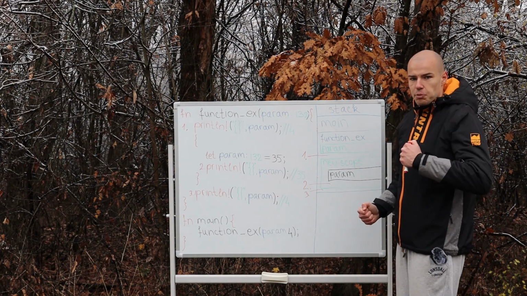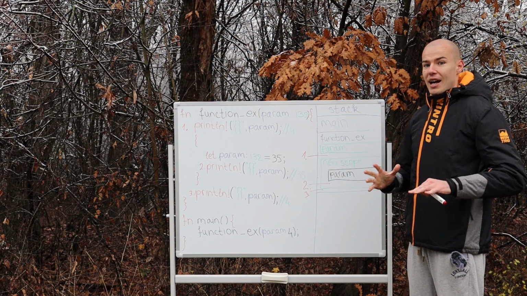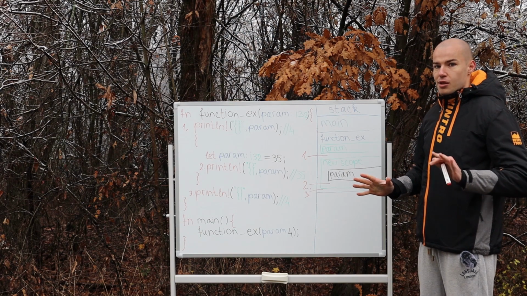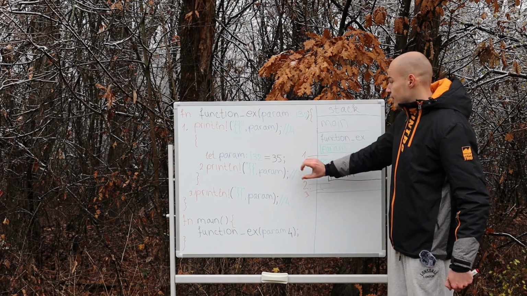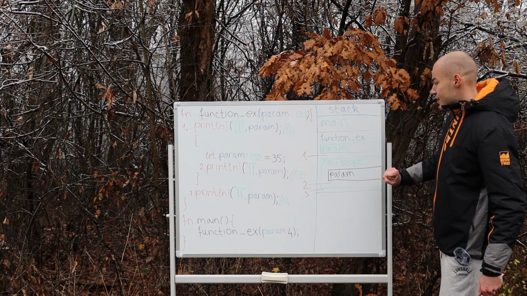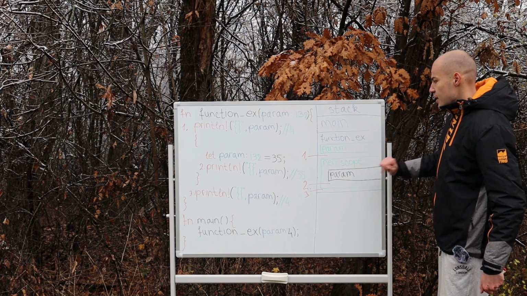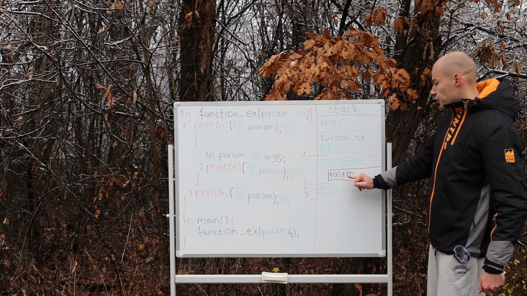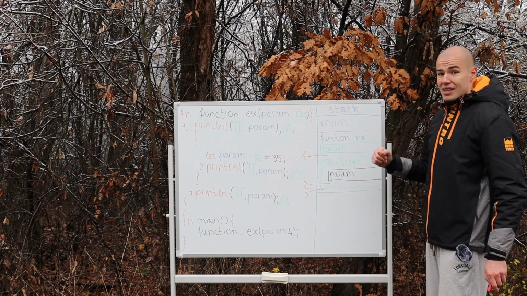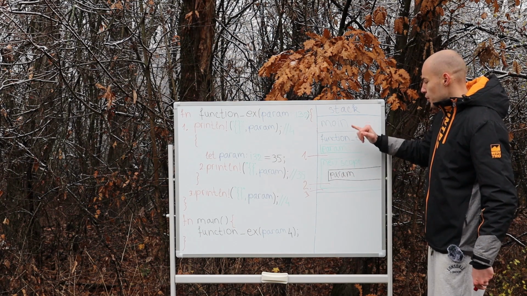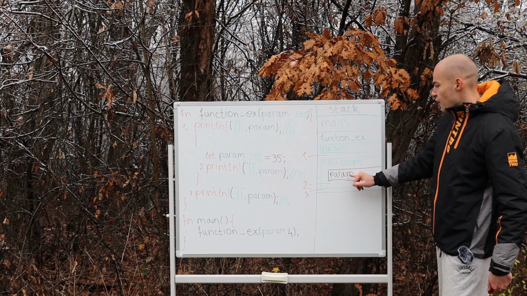Okay, let's go to the second println. The second one is a bit more complicated, but still not too complicated to explain. So what is happening? We have completed this part right here, and we have allocated the memory for the new scope, and inside of it we have created another param variable and allocated some space for it. But right after that, we are calling our print. So what is going to happen? Our compiler is again going to start going outwards, going backwards in time, so to say, and start searching for the param variable.